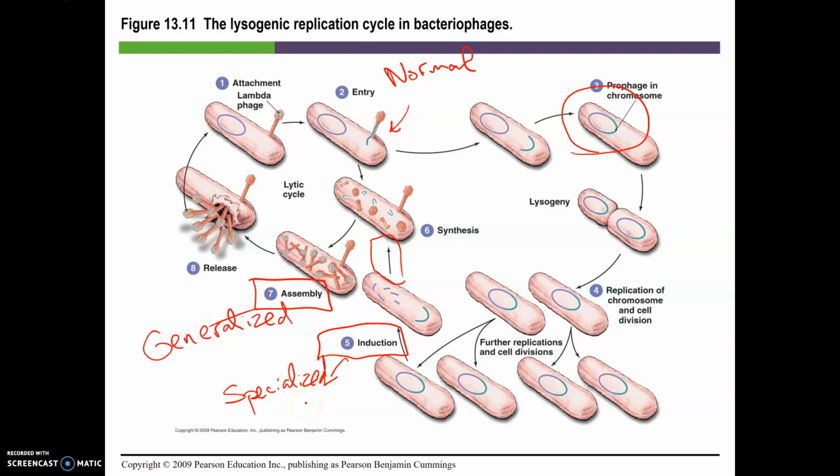So these were the mistakes that led to transduction, whereas this particular slide is really just showing us the normal, no mistakes made type of event.